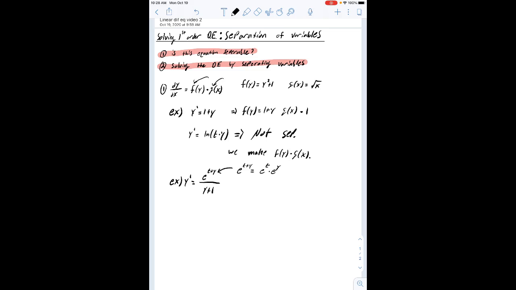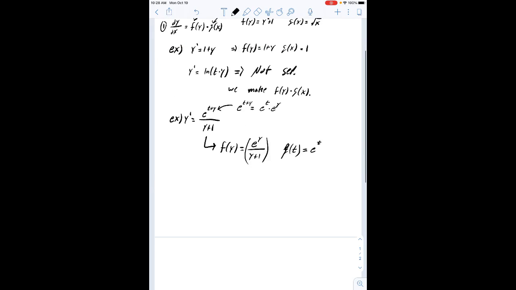So then we can make our f of y equal to e to the y divided by y plus 1, and our g of t in this instance. We're using the differential variable t instead of x like I used up there, but the variable name is completely arbitrary. But we still have g of t is just equal to e to the t.